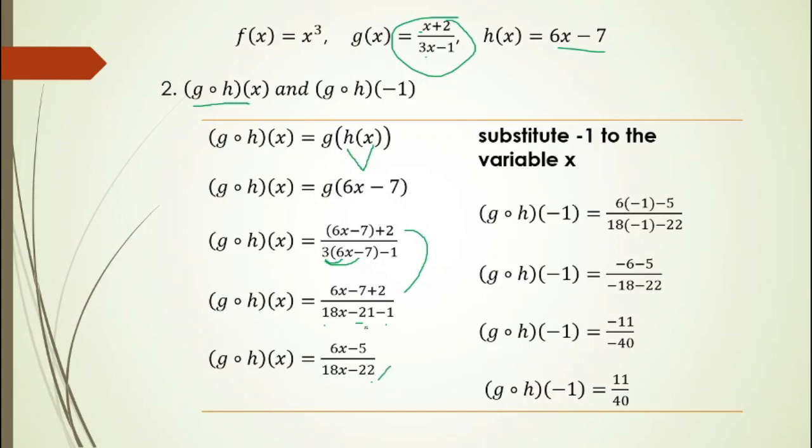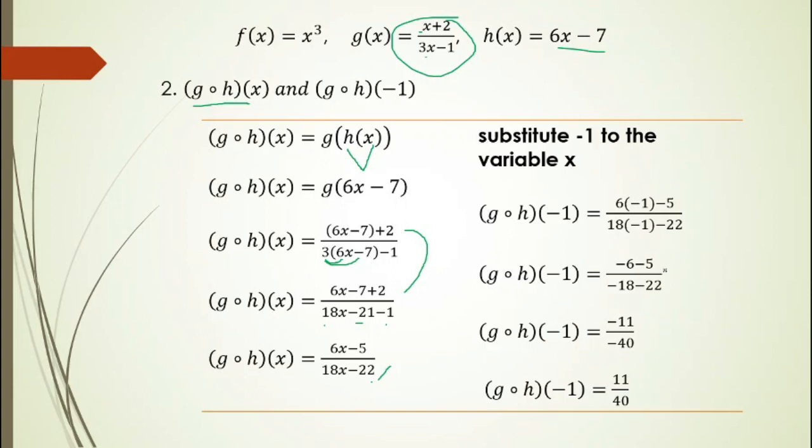So, kung may nalilito pa sa rules of integers, kailangan nyo talaga siyang aralin. Kasi kung nalilito kayo sa kanya, hindi kayo makakakuha ng tamang sagot. Okay po? So, after that, substitute natin si negative 1 to the variable x. So, yung x dito papalitan ng negative 1. So, we have (6 times negative 1 minus 5) over (18 times negative 1 minus 22).